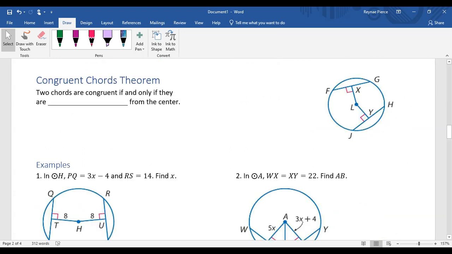Last theorem we're going to talk about for section 3 is the congruent chords theorem. It says that two chords are congruent if and only if they are equidistant from the center.